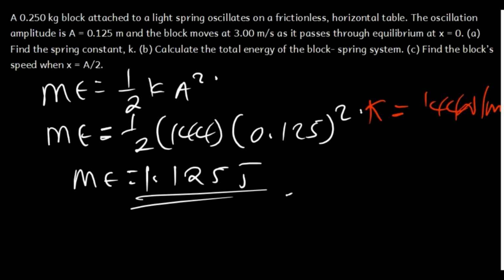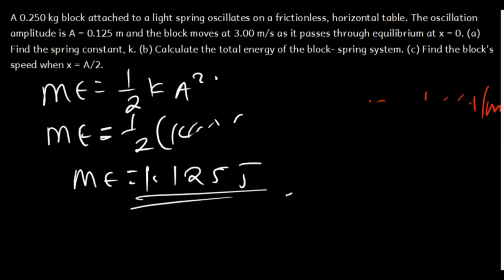Okay. So we go to part C, where it's saying find the block speed when x is equal to A over 2. So here, let's just get rid of this, and then we see the formula.